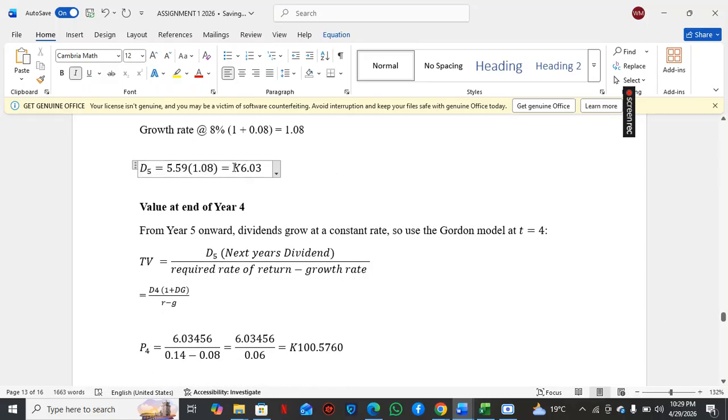That's the one you're going to use, the expected dividend for year 5, since it's from year 5 and onward. So use the expected dividend for year 5, which I've already calculated here, over the required rate of return.